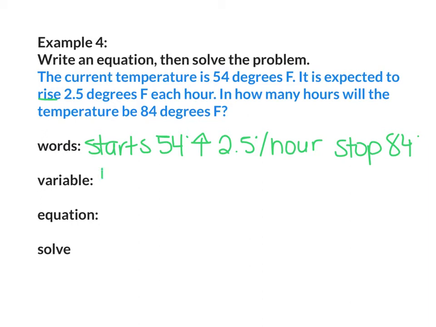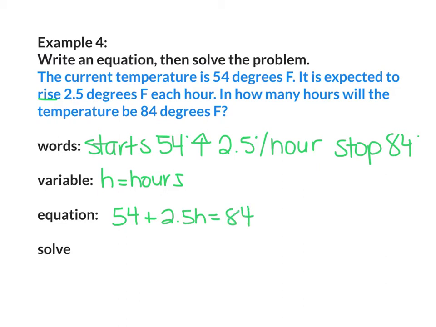The variable is going to be h equals hours. And my equation is going to be 54 degrees plus 2.5h equals 84.